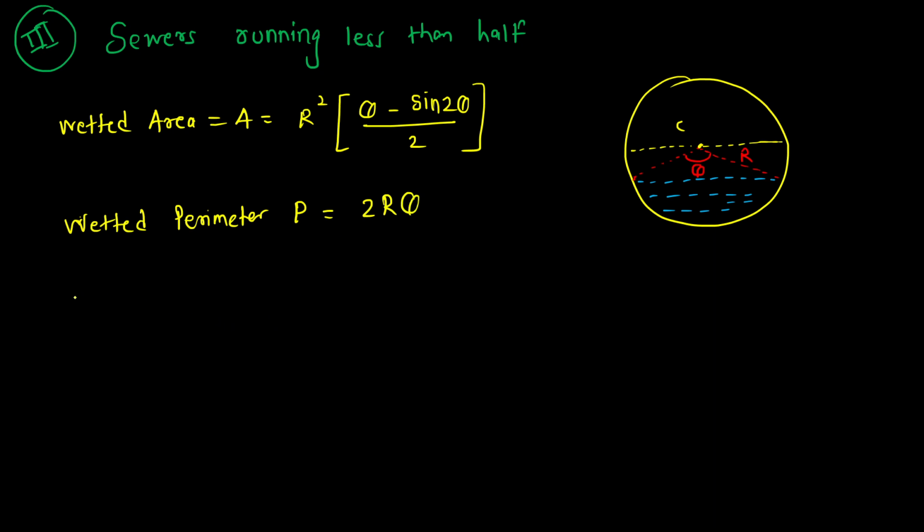Then you can calculate the r value, that is hydraulic radius. Hydraulic radius formula is A divided by P. So you just substitute this and get the value.